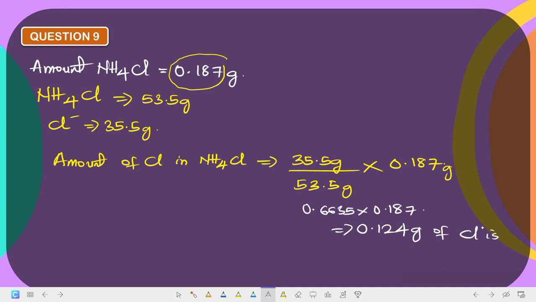So the chloride ion is present in 0.187 gram of ammonium chloride, and that is the solution to that question.